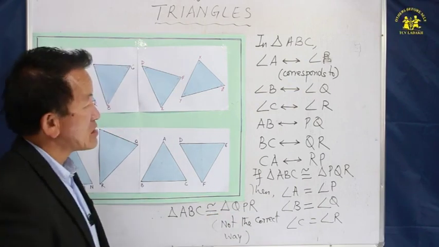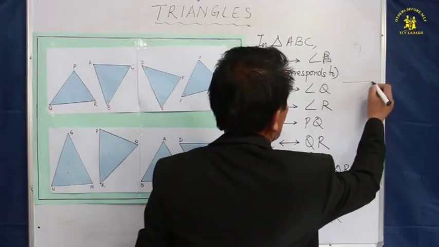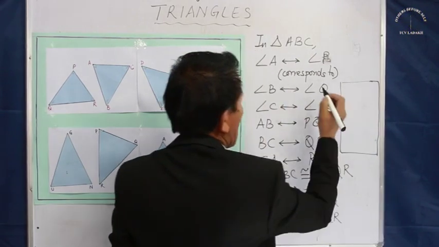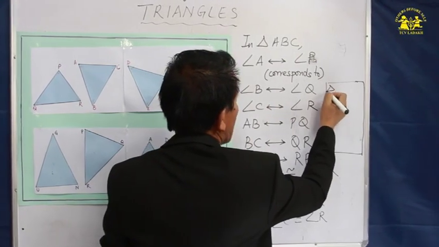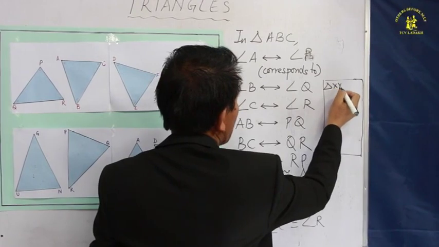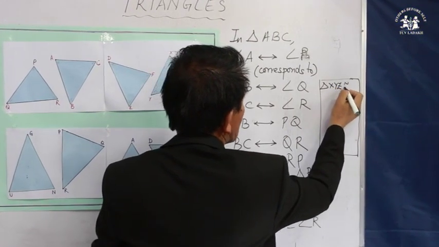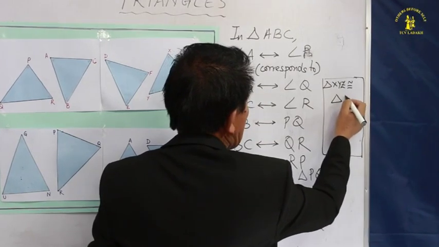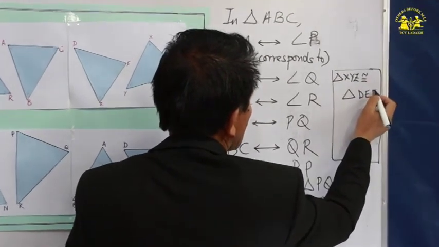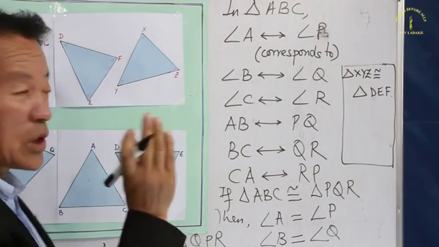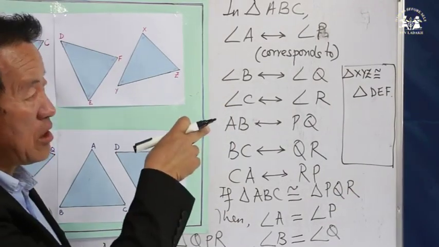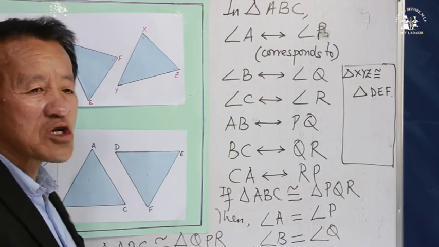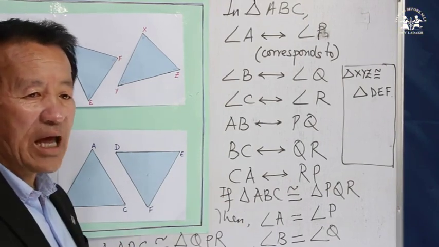So that means I can conclude, let's say if you are given that triangle XYZ is congruent to triangle DEF, just by looking at the name of the triangle, we can directly find the corresponding sides and corresponding angles.